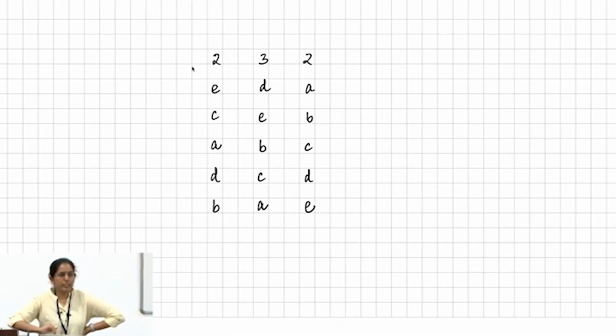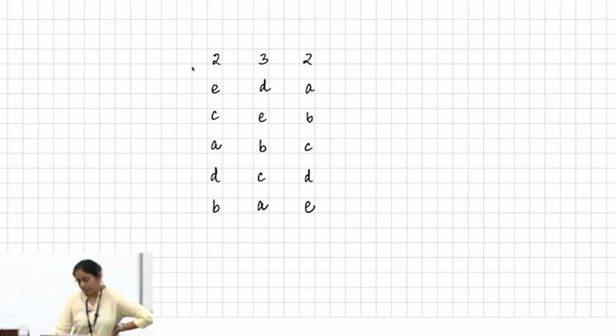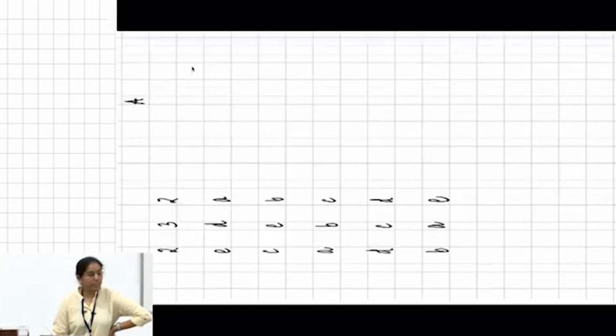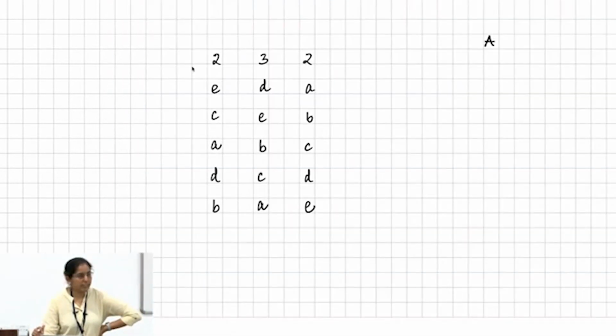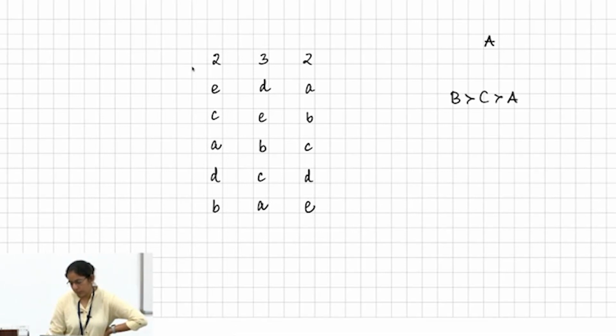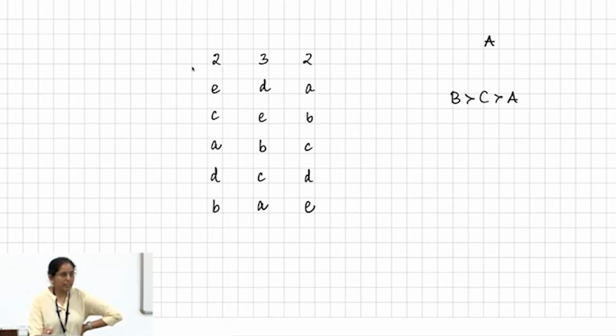So just intuitively, let's say that in some abstract election the plurality winner is A, and A is not your favorite candidate. That's why you're even thinking of manipulating. If A was your top option, you wouldn't even bother, right? So if A was not your top candidate and somebody else was, so let's say your preference was B over C over A, and clearly A is not winning, what can you do?